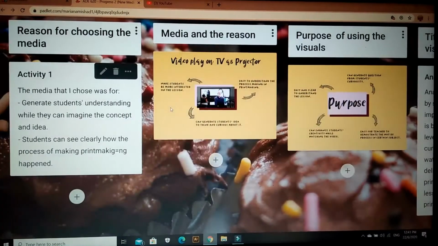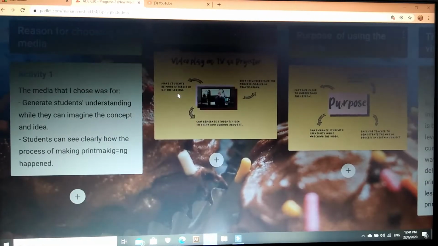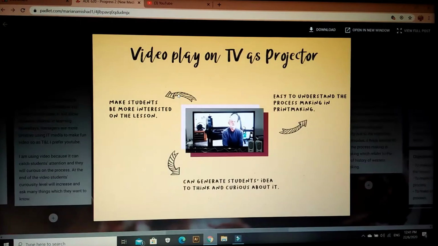So this is the media and the reason I made it into infographics. This is the video play, and it makes students more interested in the lesson, can generate students' ideas to think and be curious about it, and makes the process of printmaking easy to understand.